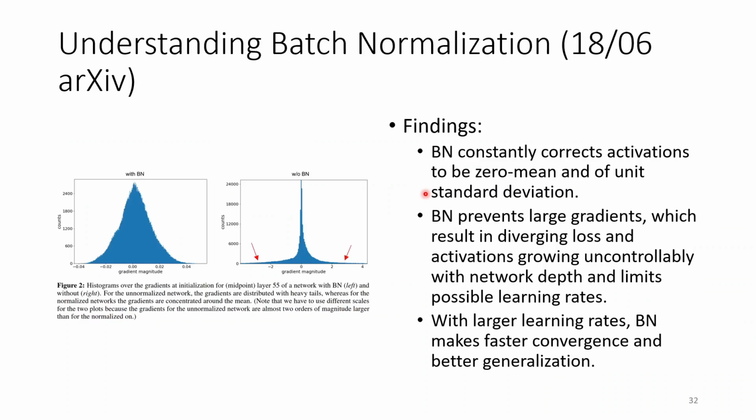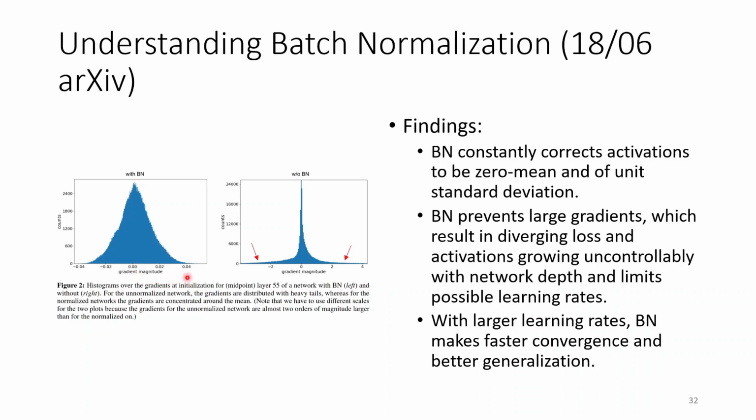From this NIPS paper, they claim the real reason batch normalization helps optimization is that batch normalization suppresses the very large gradient values. From this chart, the left chart means if you use batch normalization, then pay attention to the numbers: this is 0, this is 0.2, and this is 0.4.